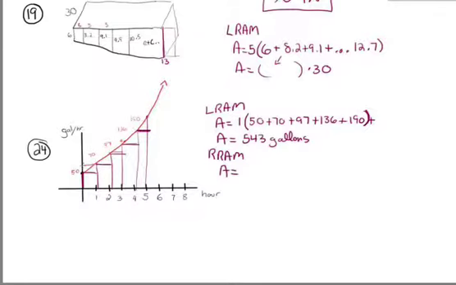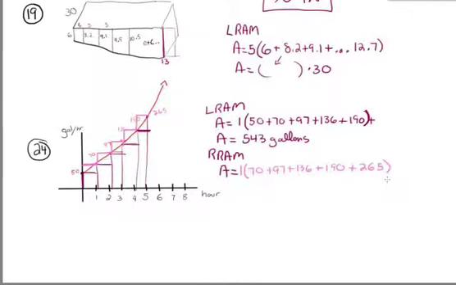So the first rectangle now is going to have a height of 70, 97, 136, 190, and then this last one was 265. So now, this time I'm going to have 1 times 70 plus 97 plus 136 plus 190 plus 265.